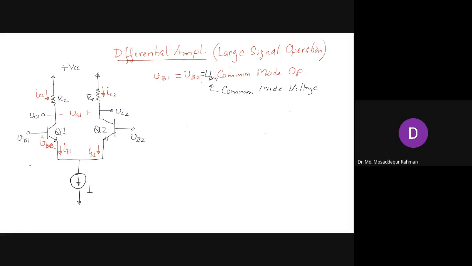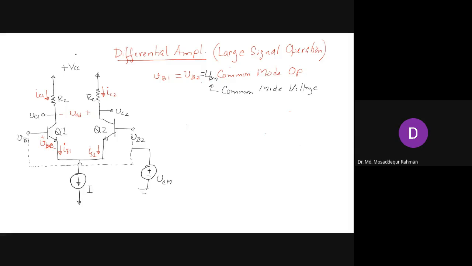If these two are the same, that means you are applying the same voltage, right? You join these two and apply a common voltage here, which is called VCM. So the same voltage, VB1 and VB2, is the same as VCM. So this is how we achieve the common mode operation.